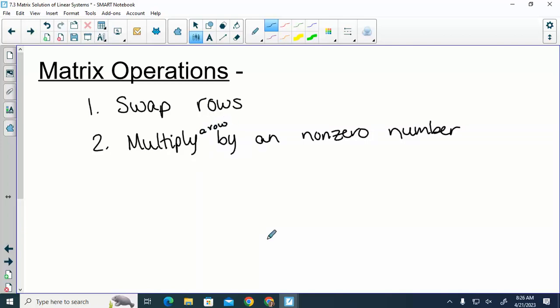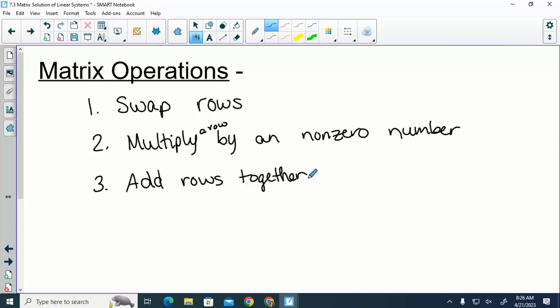We'll do the whole row because a row represents an equation. The third legal move would be to add rows together. Because when we do elimination, we multiply by something and then we add those two. So these are the steps that we will use to solve our matrices.